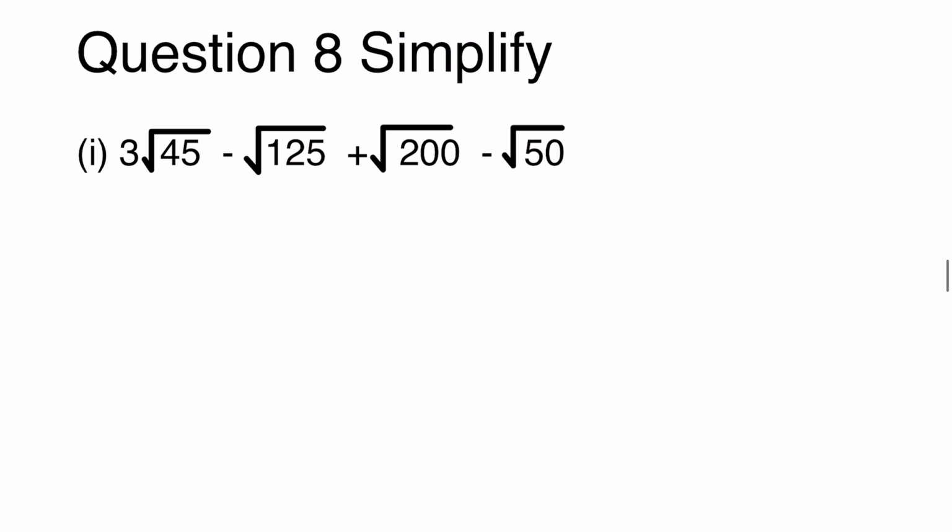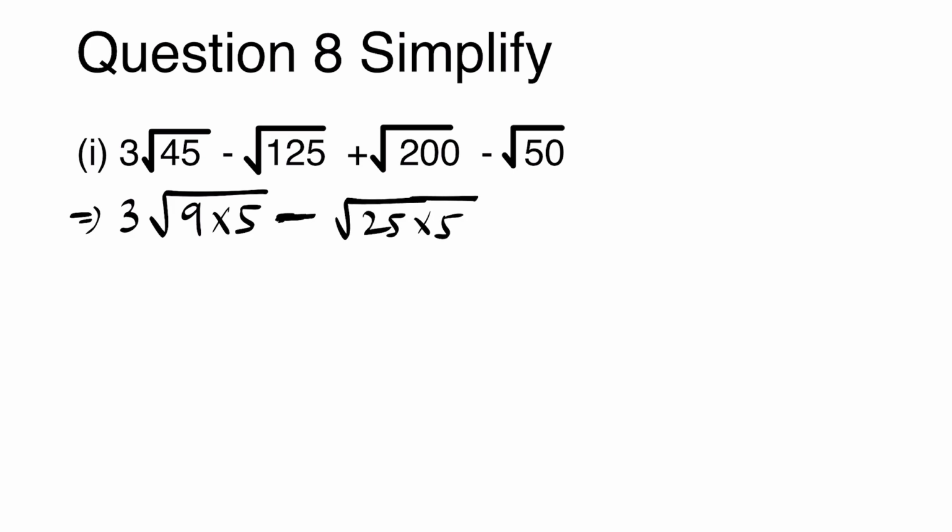Okay, now the first question is 3 root 45 minus root 125 plus root 200 minus root 50. So arranging again, we can write this as 9 into 5. Okay, and this as 25 into 5. Okay, so also this has 100 into 2.